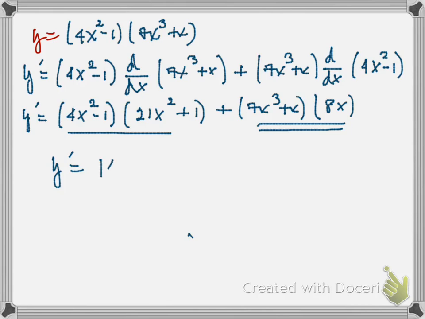You should end up with 140x to the fourth minus 9x squared minus 1.